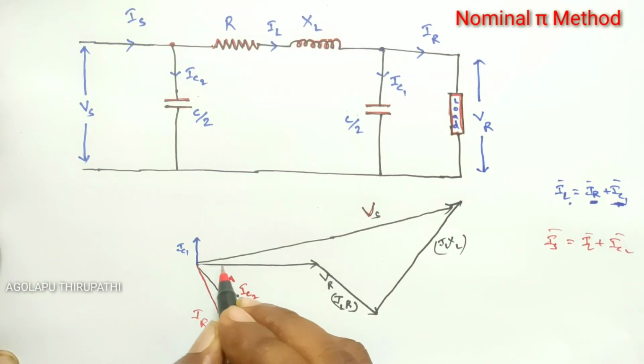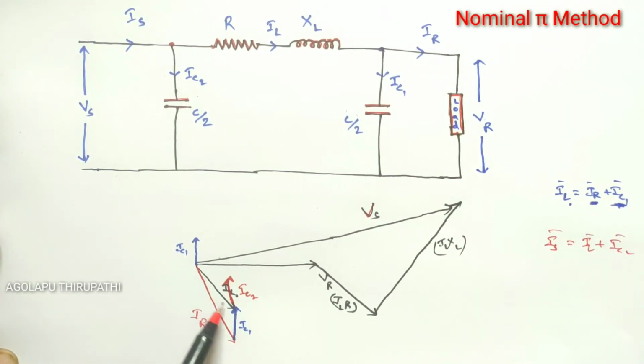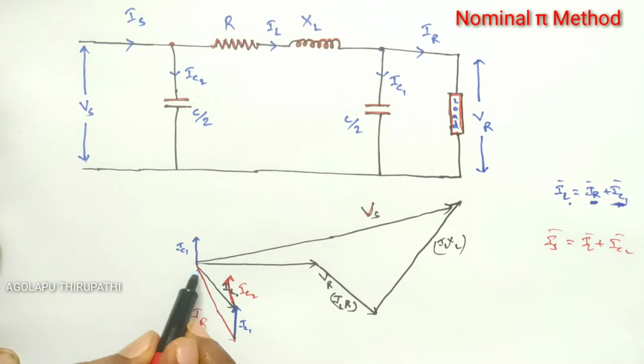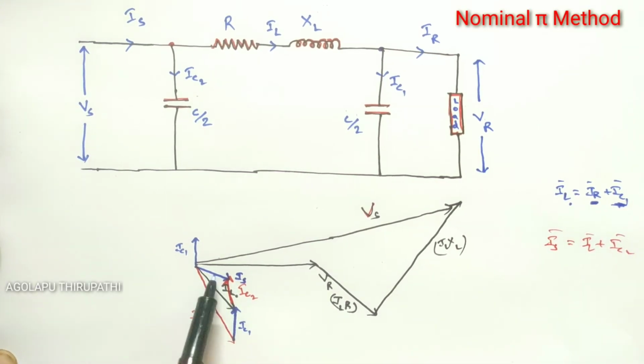If you extend, it should be perpendicular to Vs. Now the resultant of IL and IC2 is the sending end side current, IS. So this is the sending end side current, IS.